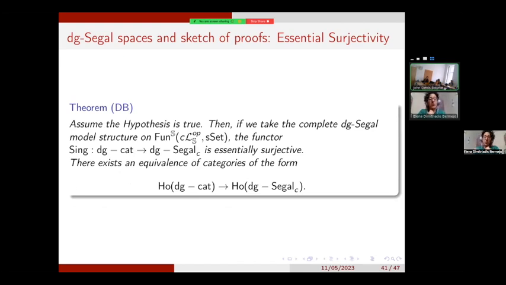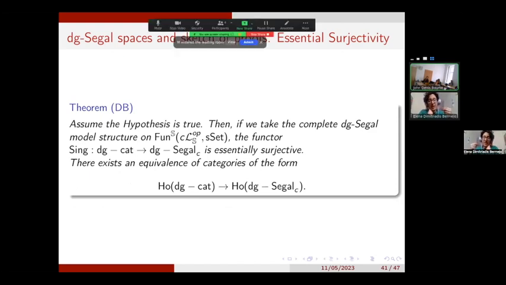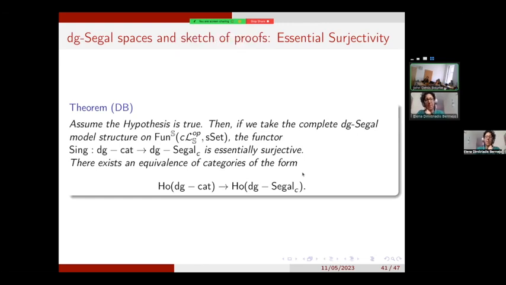So if we assume the hypothesis to be true, then the functor sing is essentially surjective, and we have an equivalence of categories. And we are done. This is actually a model, and everything is good and well.